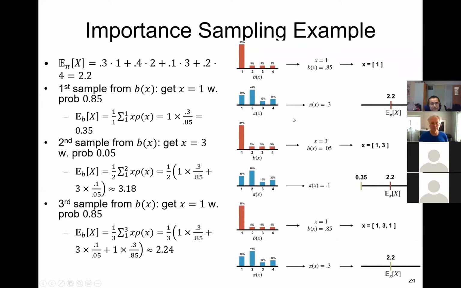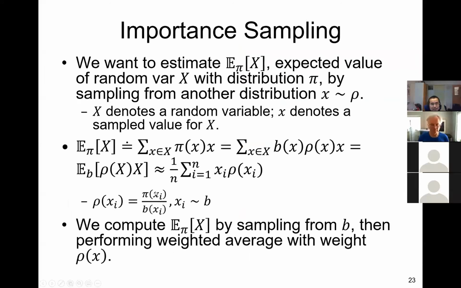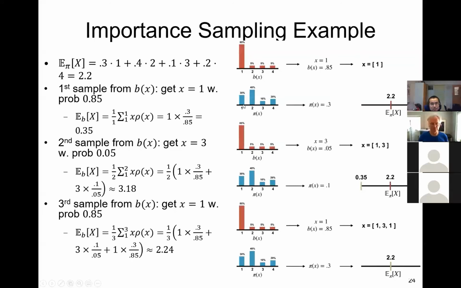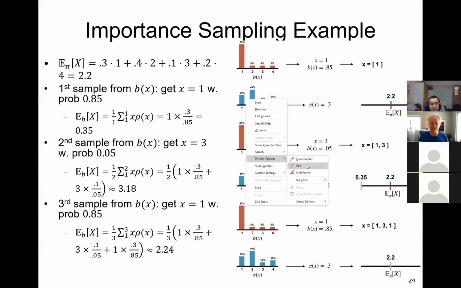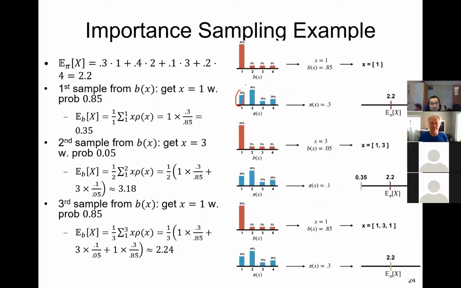So we draw the first sample from B. Suppose we get x equal to 1 with probability 0.85. Based on the formula, it is only a single item, and rho is pi(xi) over b(xi), which is 0.3 divided by 0.85.